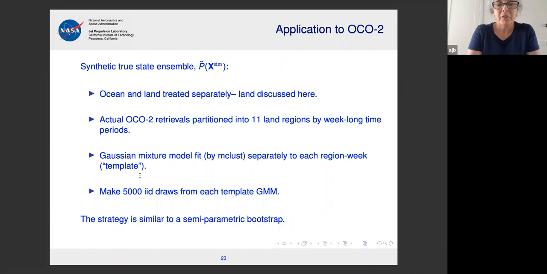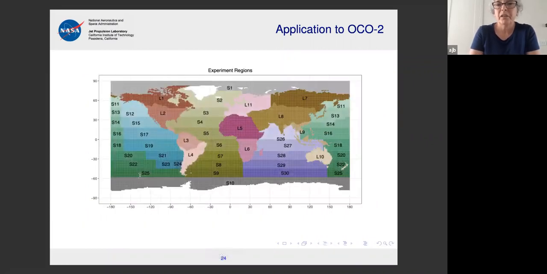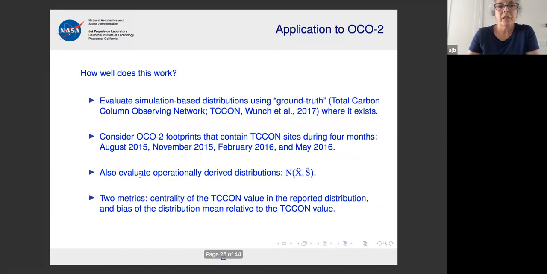So we took 5,000 IID draws from the distributions fitted for each of these zones. We piled them together, and then we fit our P of X given X hat model.